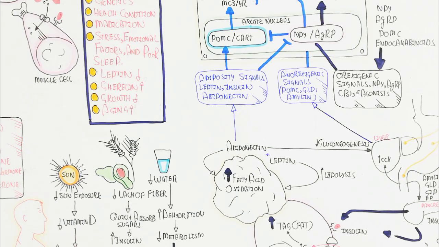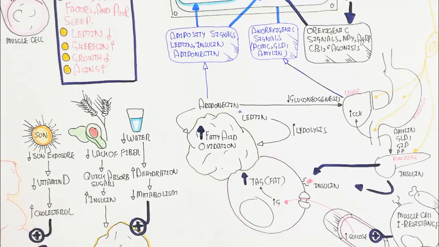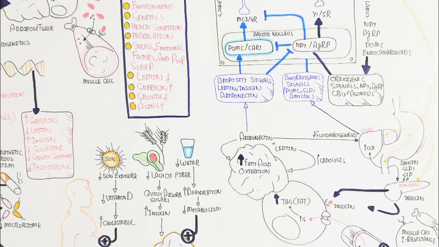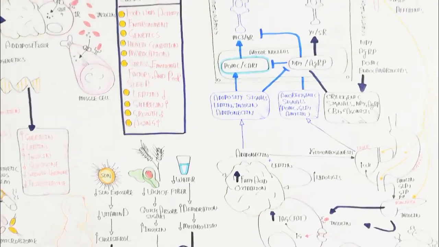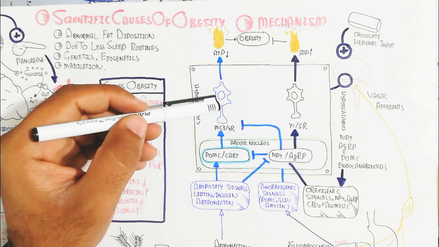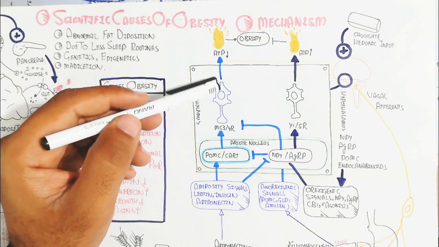How is it possible? Basically, obesity will be inhibited due to the MC3 and 4 receptor inhibition, which will lead to decrease of the ATP, will lead to more eating habit and obesity, while on the other hand the NPY and AGRP will trigger more ATP due to the Y1 and 5 receptor.